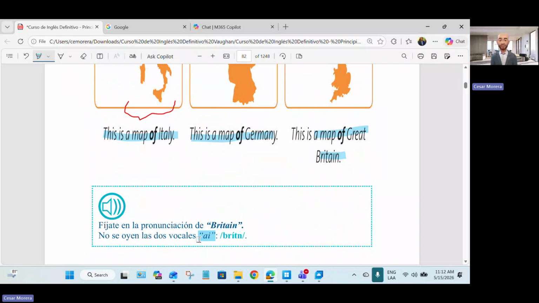There's a website called Cambridge Dictionary. So just go to Cambridge and let's go to Cambridge Dictionary. In this one, we're going to do the following. We're going to click on it and type Britain so we can hear the pronunciation from both United Kingdom and USA, United States of America.